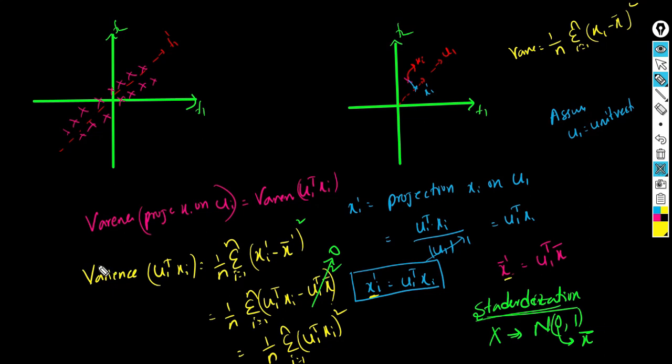Now we need the maximum variance direction. We need the direction of the vector u1 that maximizes the variance, sigma i equal to 1 to n, u1 transpose xi, whole square.